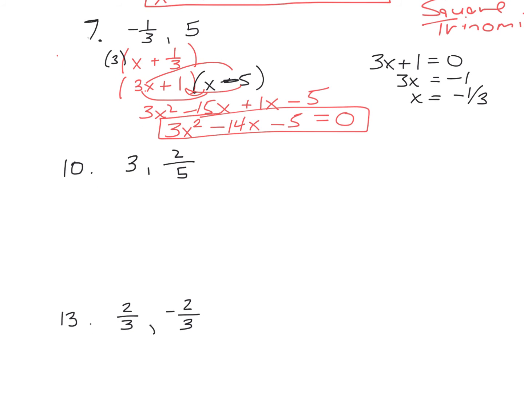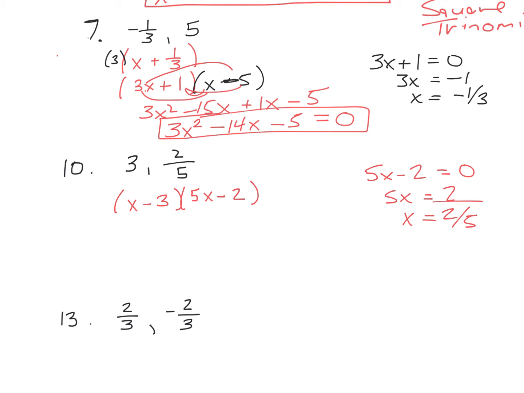Number 10 here, another example that involves a fraction. So one of the factors would be x minus 3. And then 2/5, we'd have to have a minus 2, and we're dividing by 5, so I'd have to have 5x minus 2. And as you can see one more time, the reason for that is if I add 2 and divide by 5, I do get that 0, or solution of a positive 2/5.